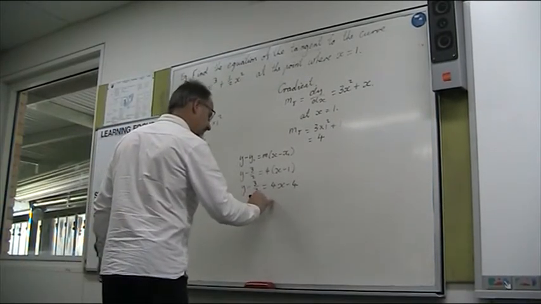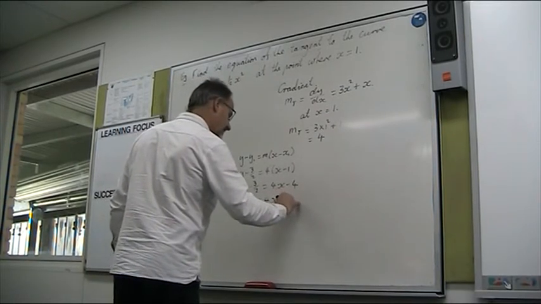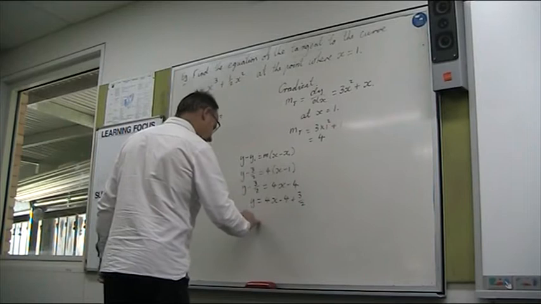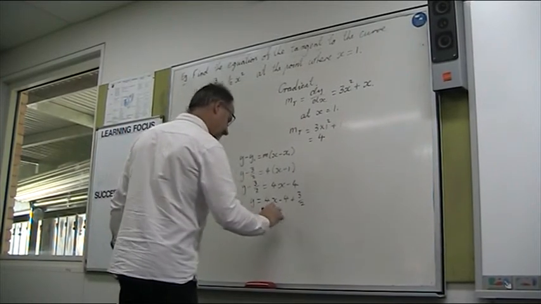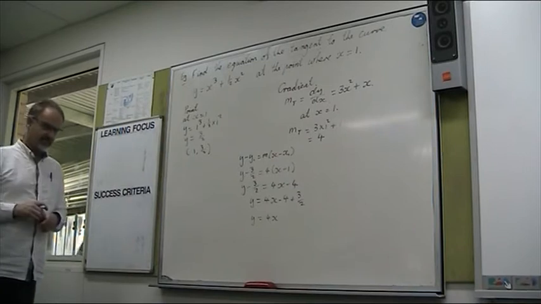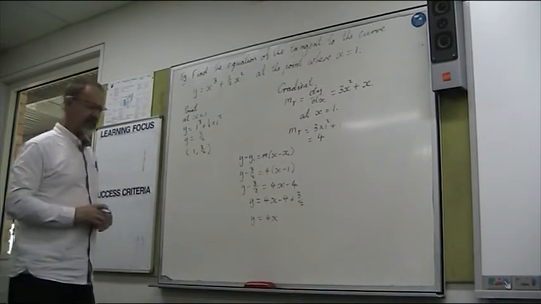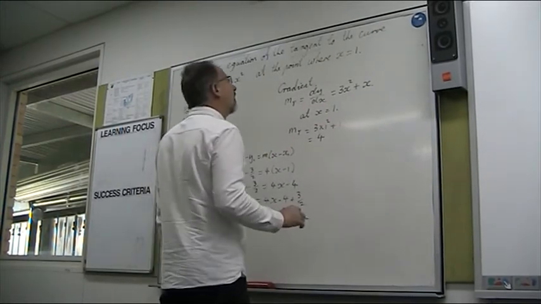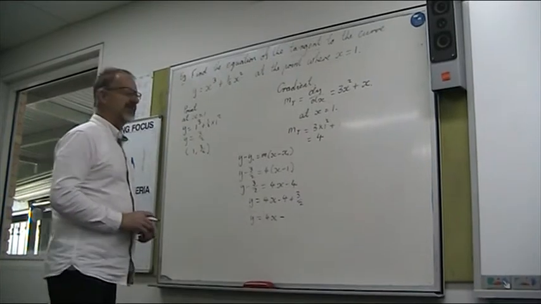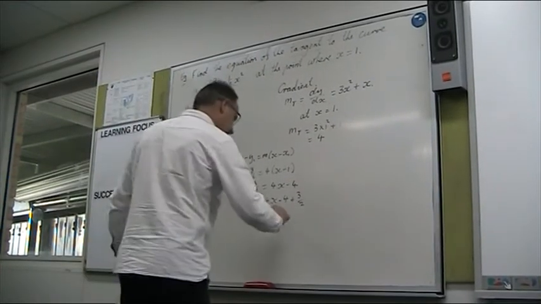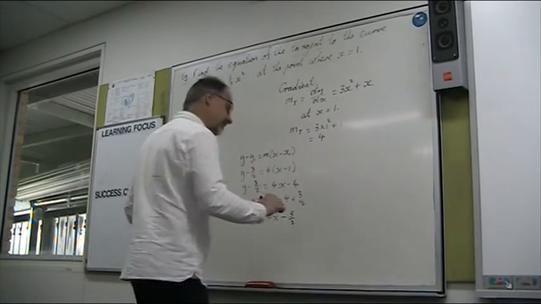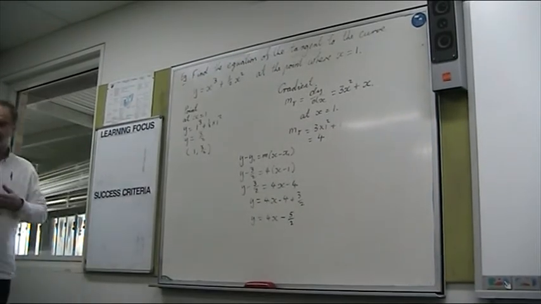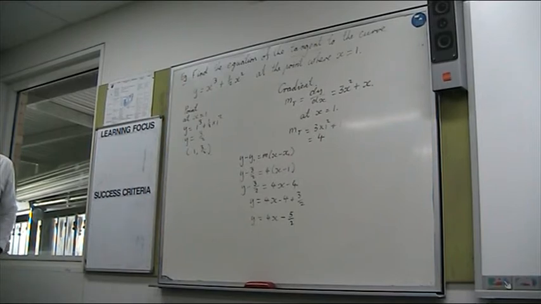Add 3 on 2 to both sides. Minus 4 plus 3 on 2 is the same as minus 4 plus 1.5. So that's minus 2.5, which would be minus 5 over 2 or some other variation. Is that the end answer? That's the end answer.